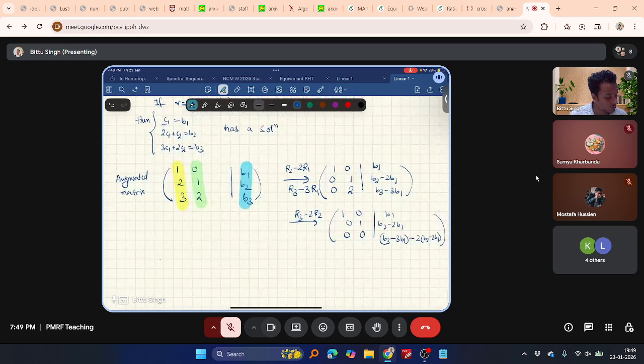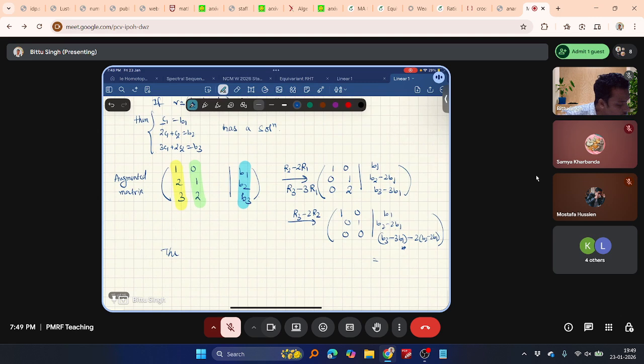So that will imply what will be the sum. So for the system, let us calculate this sum. This is actually the same as minus 3B1 plus 4B1, which is the same as B1 minus 2B2 plus B3.